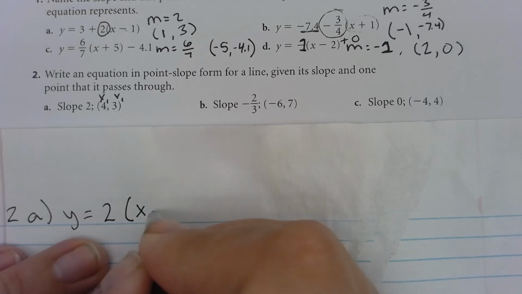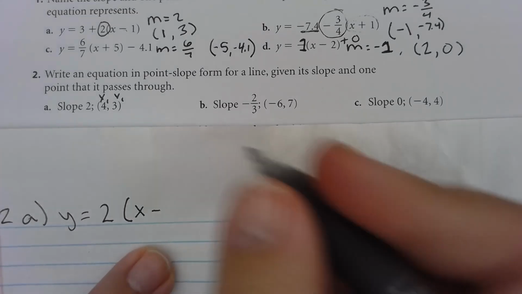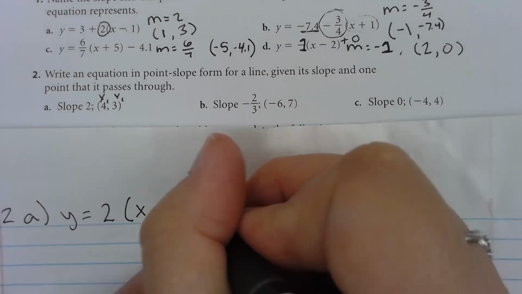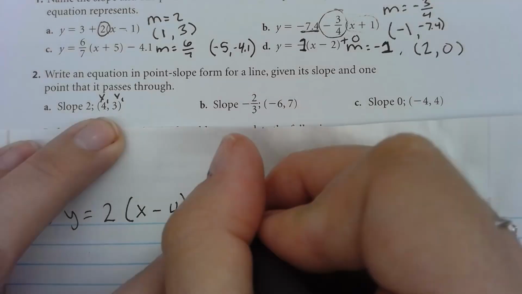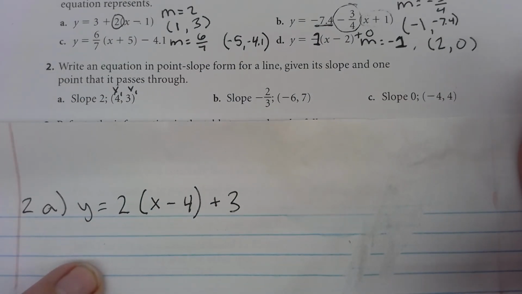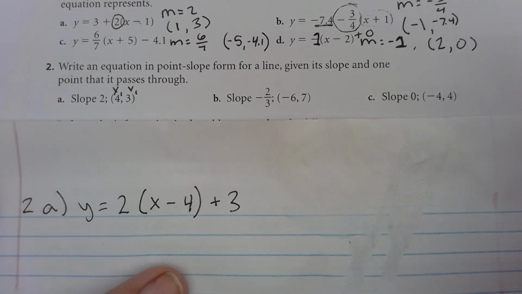Parentheses x minus x1, which is 4, close parentheses, plus our y1. Oh, it doesn't say to simplify, does it? We won't do that on this one. We good?